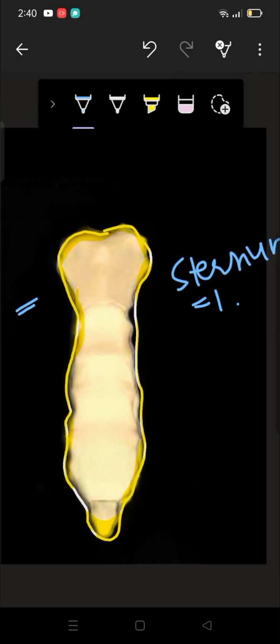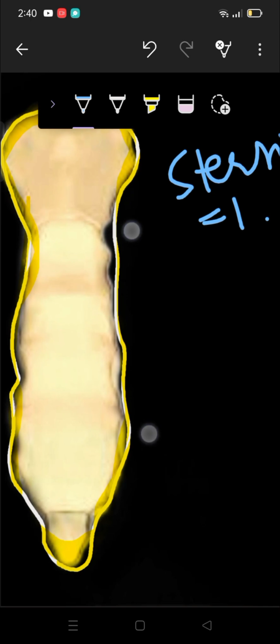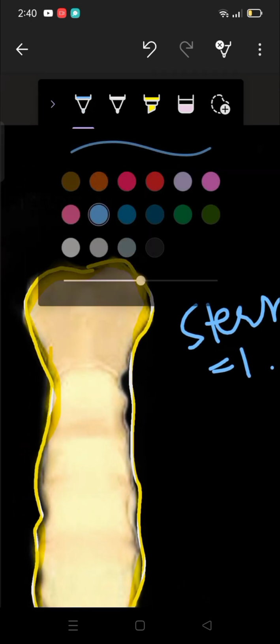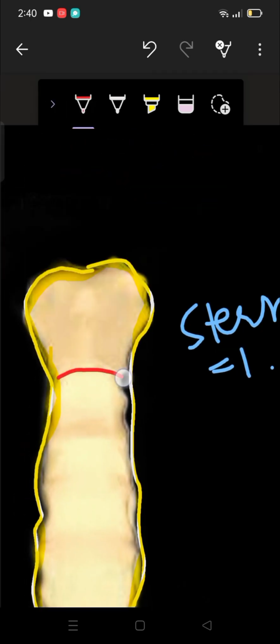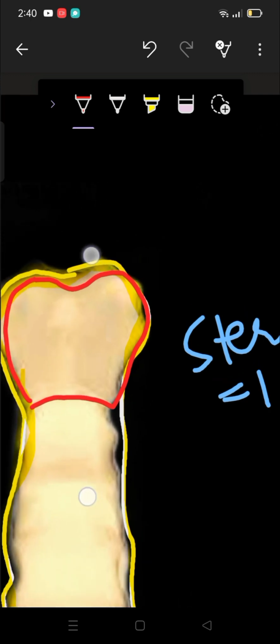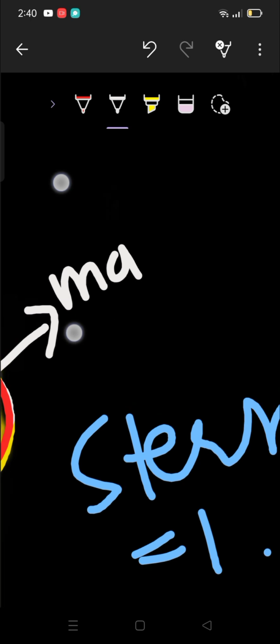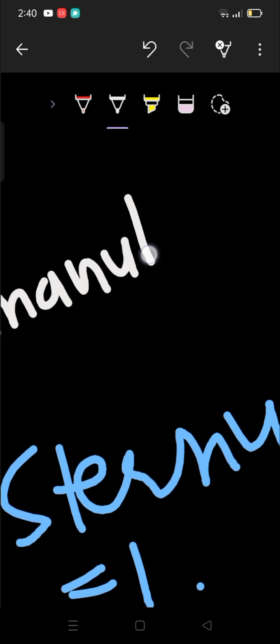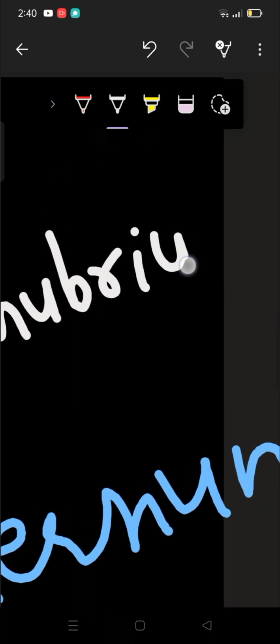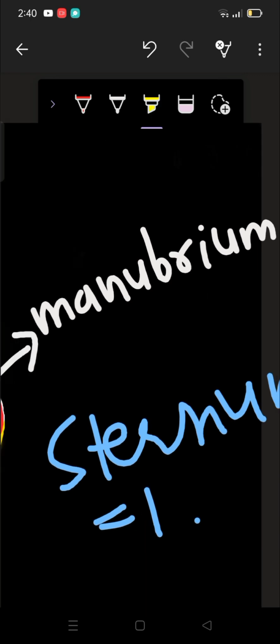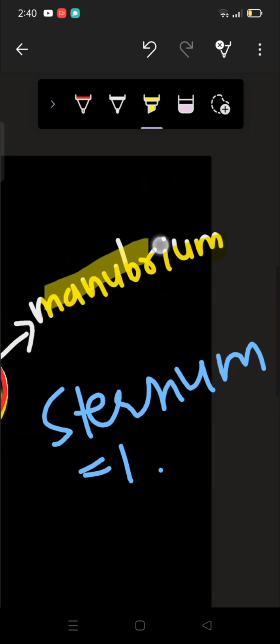Let me tell you the parts of the sternum. The part which is here, this part is what we call the manubrium. Let me highlight this. This is manubrium.